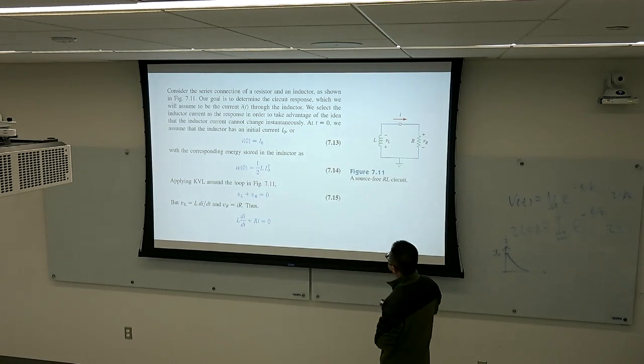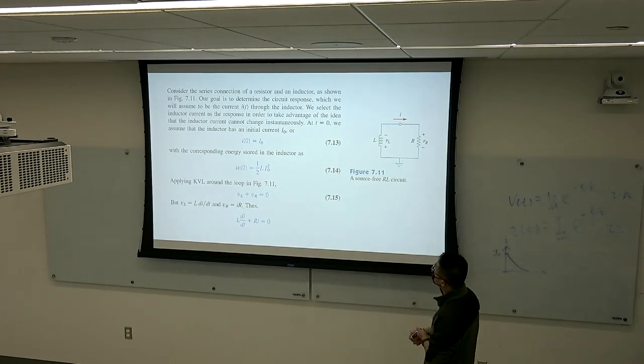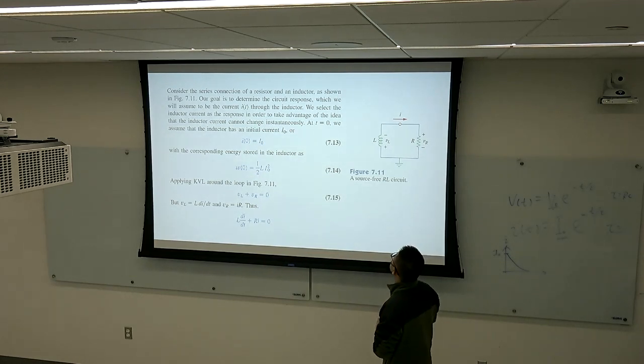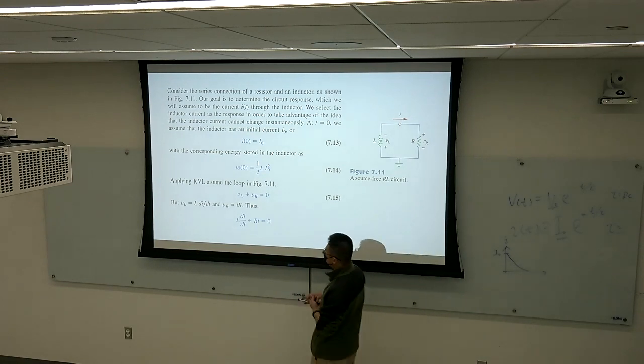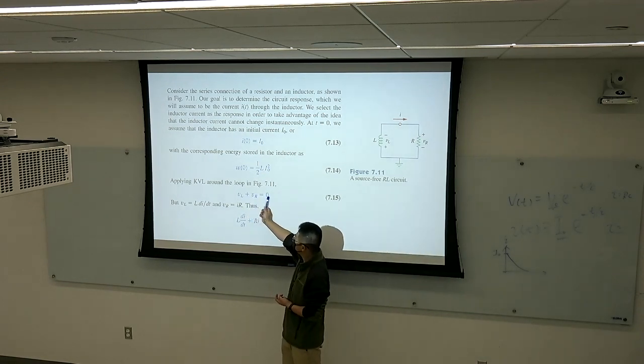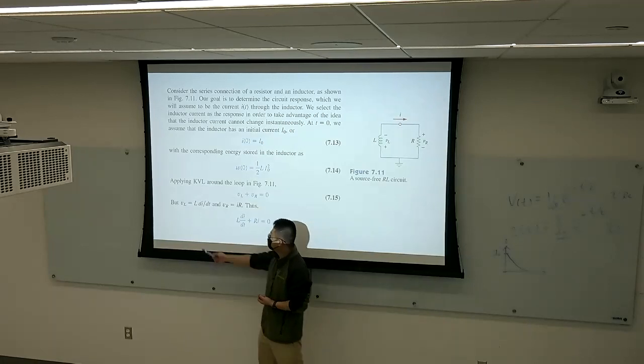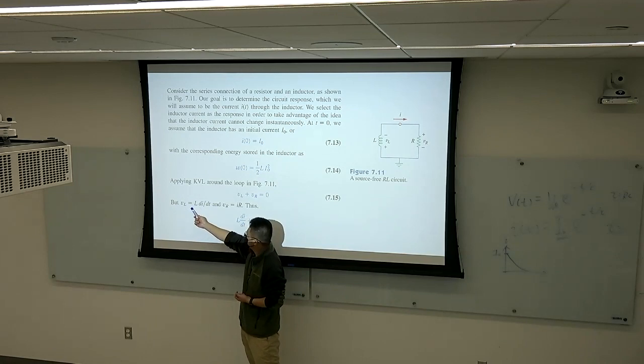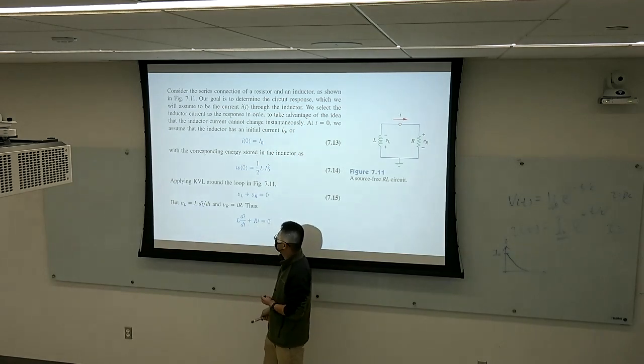We can apply KVL in this circuit. That is, the voltage on the inductor plus the voltage on the resistor equals 0, that is, VL plus VR equals 0. From the definition of inductor voltage, VL equals L di/dt.